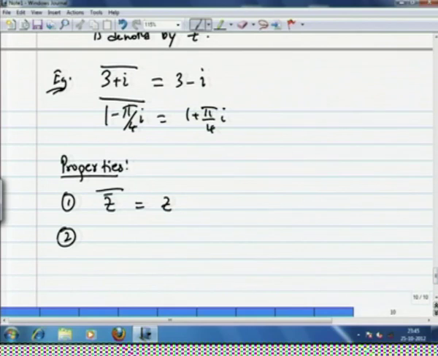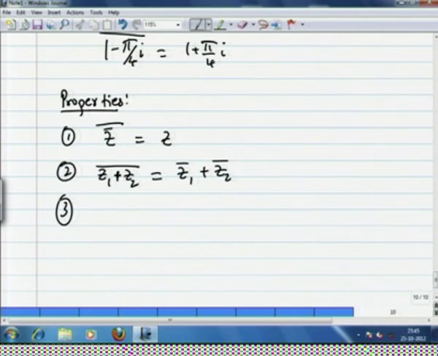And the second property is that conjugation distributes over addition. So, Z1 plus Z2 bar is Z1 bar plus Z2 bar. And third, Z1 Z2 bar, the conjugate, if you multiply two complex numbers and then you take the conjugate, it is the same as taking the conjugate of the complex numbers Z1 and Z2 first and then multiplying them.